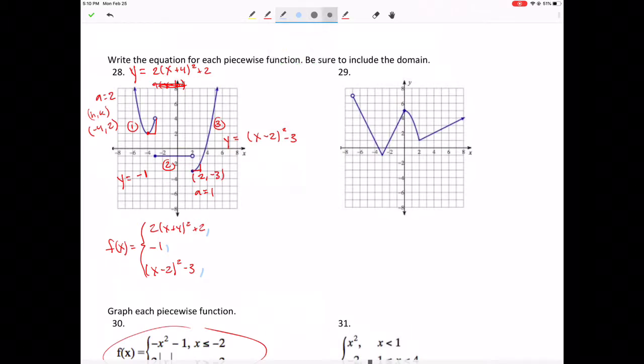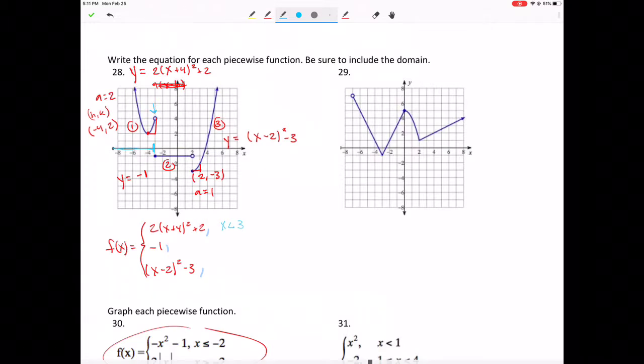Domain is all the x values for each of these individual graphs. So this one will go from negative infinity to 3. So here usually what we would say is x is less than 3. It's not less than or equal to because we have this open point.